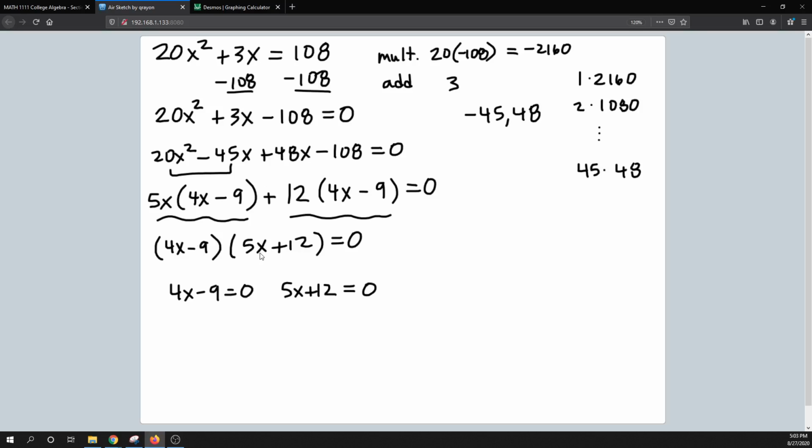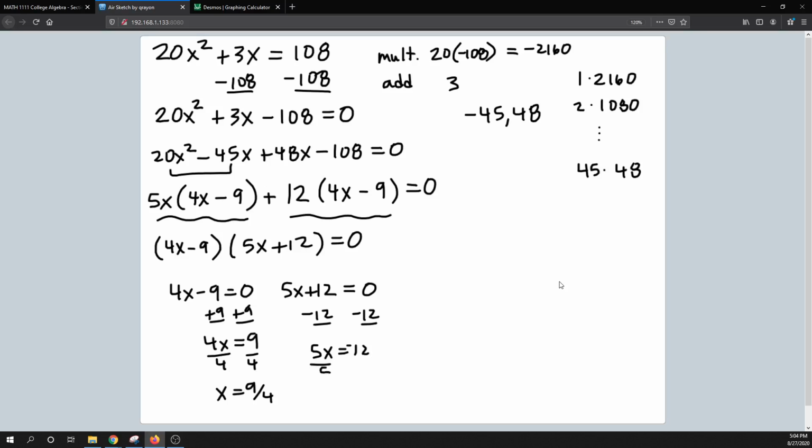Right? Because if I multiply these two and I get 0, one or the other or both had to be 0. All right, and now we just solve each of these two linear equations. So get x by itself on one side, and then divide. So we get x equals 9/4. On this one, we would subtract 12 from both sides to get 5x equals -12.